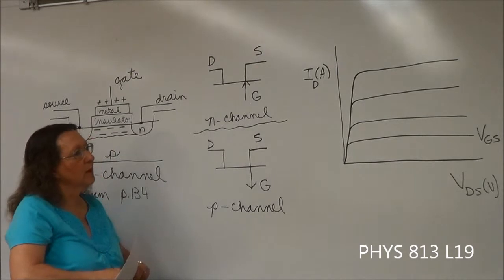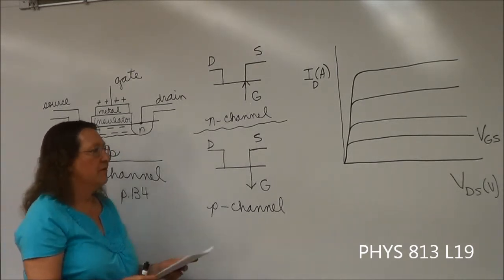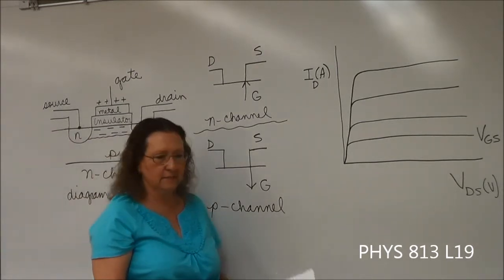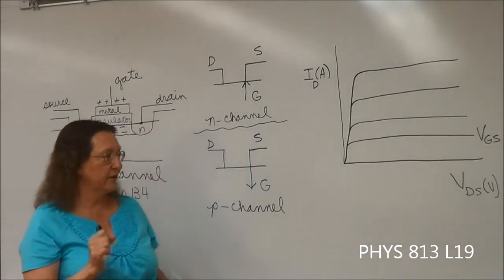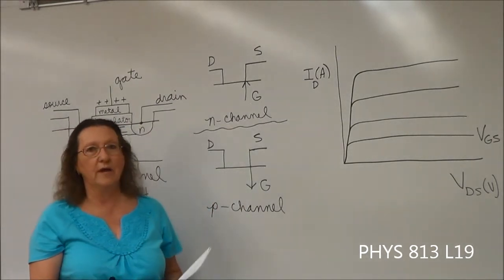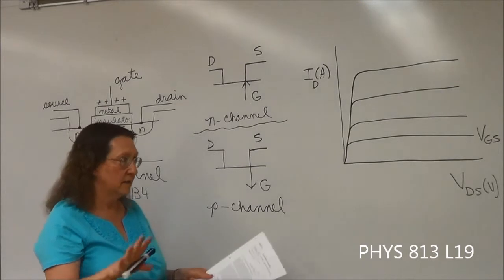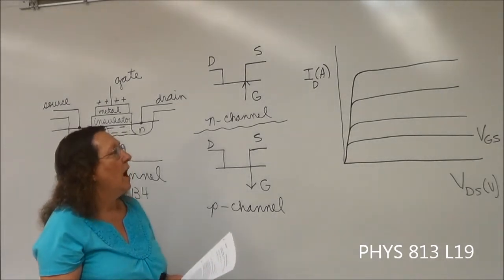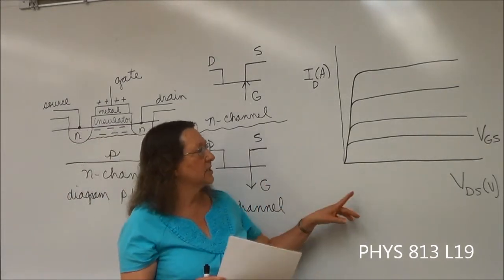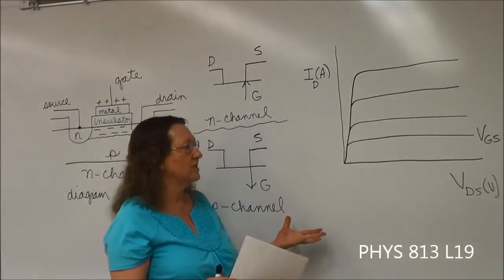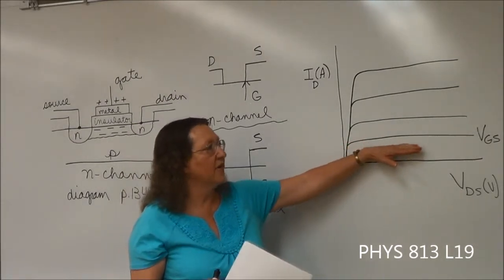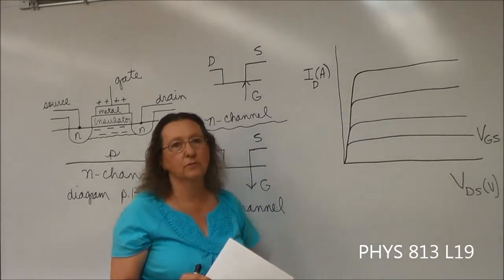Now, the problem is that when I did this, and I was very good about this and did the experiment before I wrote it all up, I found that nothing that I was doing gave me a flat region here.